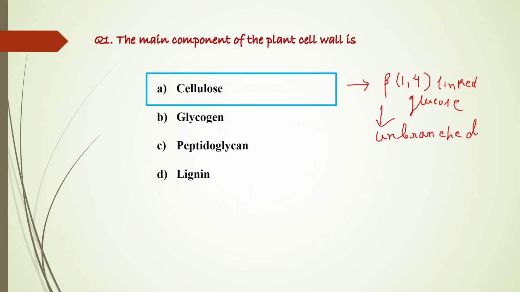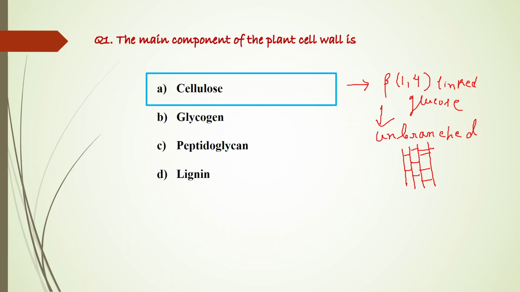It is an unbranched structure, and the polysaccharides are linked by beta 1,4 linkages. You can think of these as parallel structures that are highly interlinked by hydrogen bonding. This gives a very firm structure, and that is why it is used for building the plant cell wall.